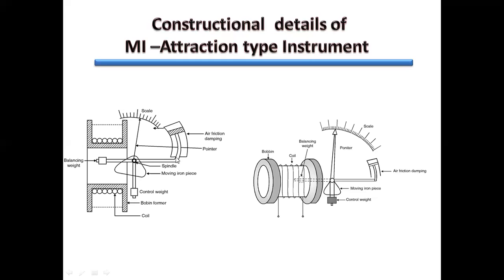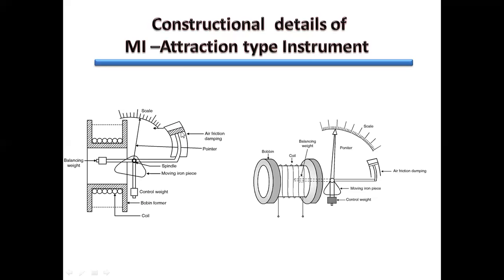Suppose the spindle rotates due to the functioning of instrument, and this rod travels in upward direction. The moment this rod travels in upward direction, air pressure in this portion is more, and that pressurized air will try to push this piston in downward direction.